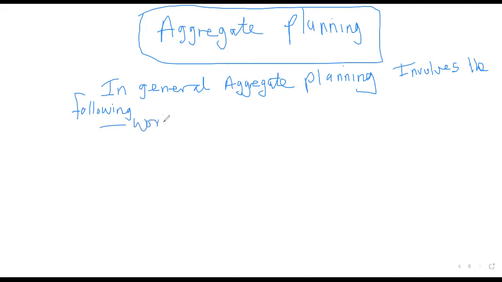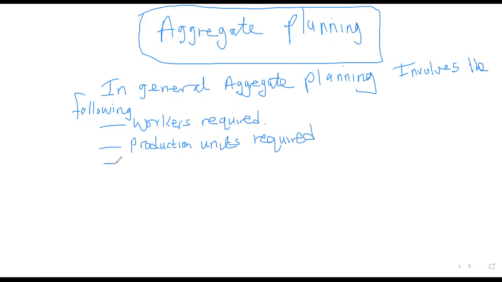So workers required. The production units required. We also look at, of course, the workers required, the workers hired.